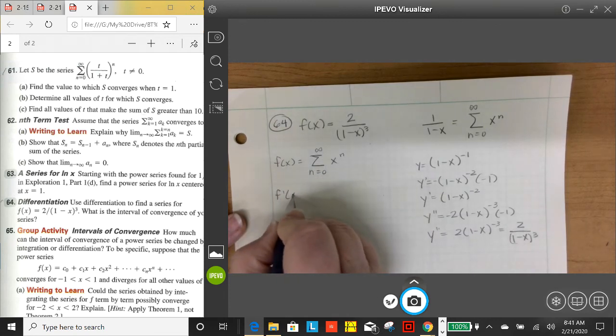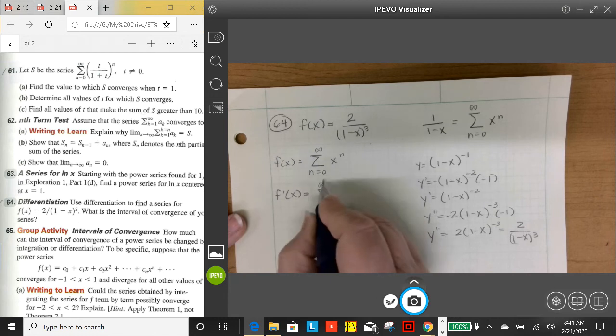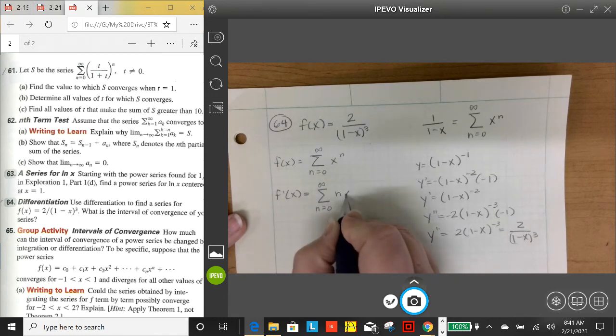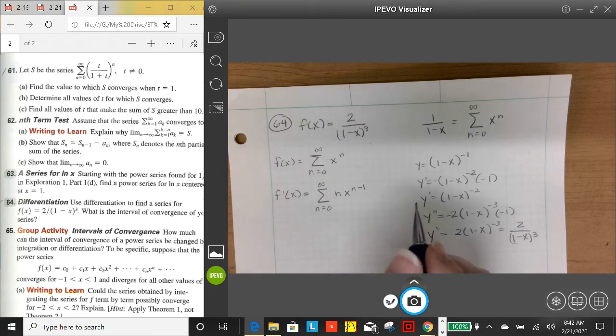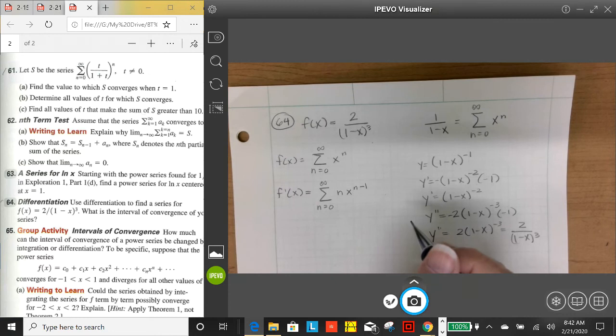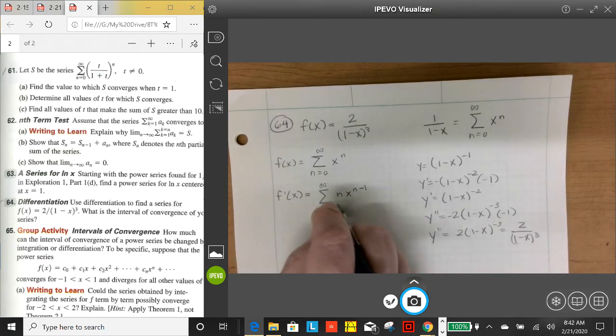F prime of x is equal to the sum from n equals 0 to infinity of, what do we do when we take a derivative? Well, we go power down, function to power n minus 1. There you go. That's easy enough, right? But I don't know if that works. We'll check out these limits here for n in just a second.